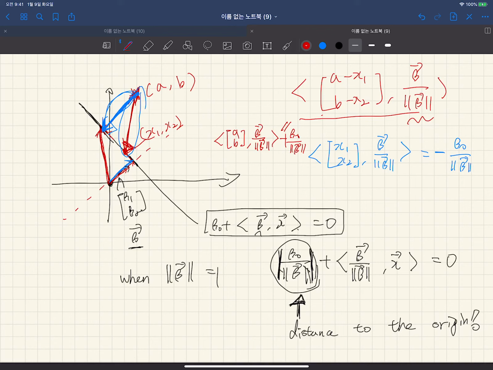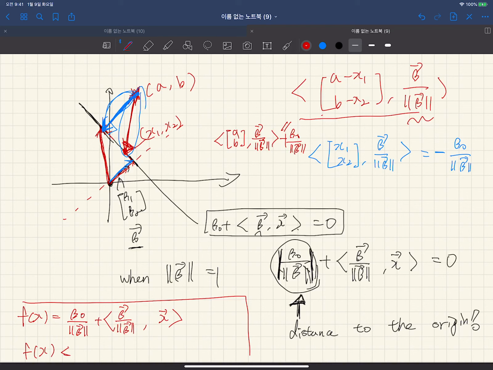Okay, so this is the bottom line. When you define f(x) like this, beta 0 over the norm of beta vector plus the inner product of the normalized beta vector and x, then f(x) itself tells us the distance from the input x to the hyperplane defined by f(x) equal to 0.